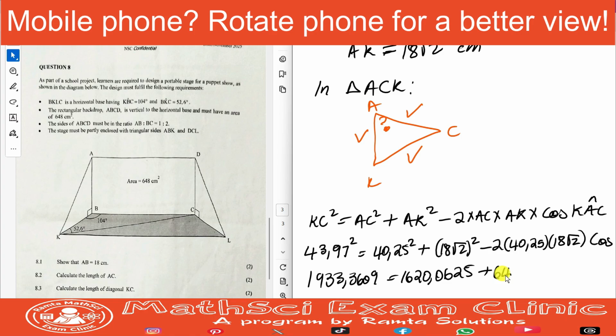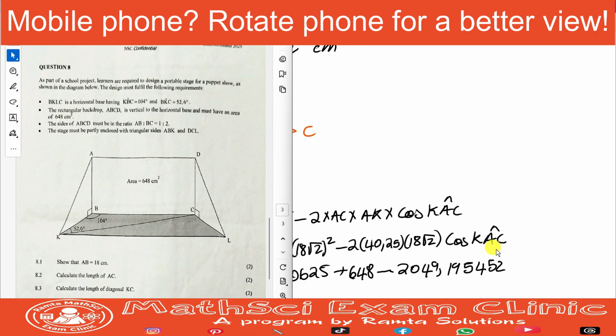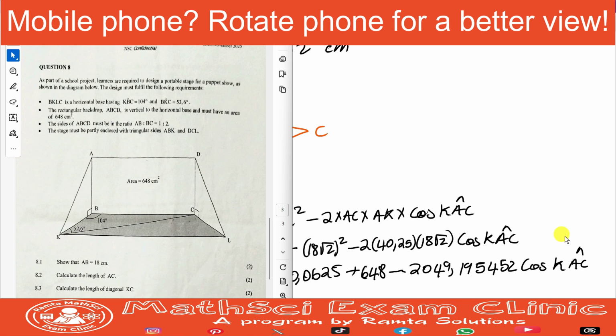This is 648. Okay, perfect. Minus 2 times 40,25 times 18 root 2 will be 1954.52 cos angle KAC.